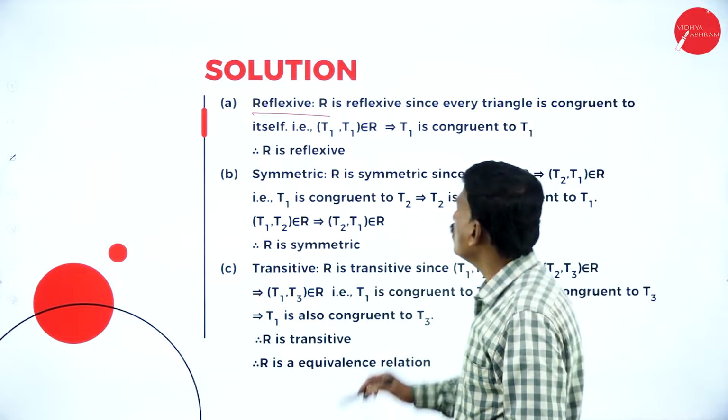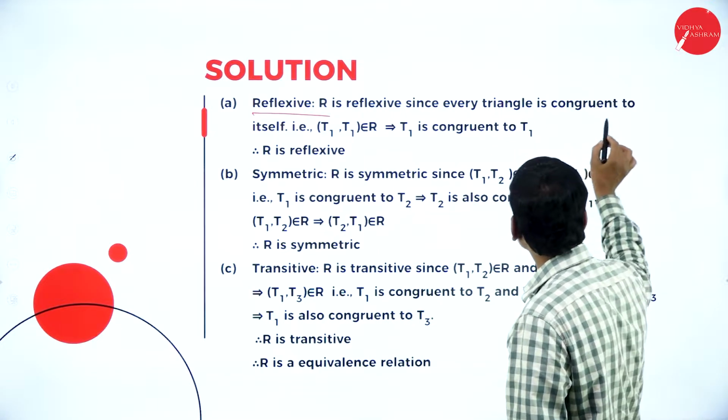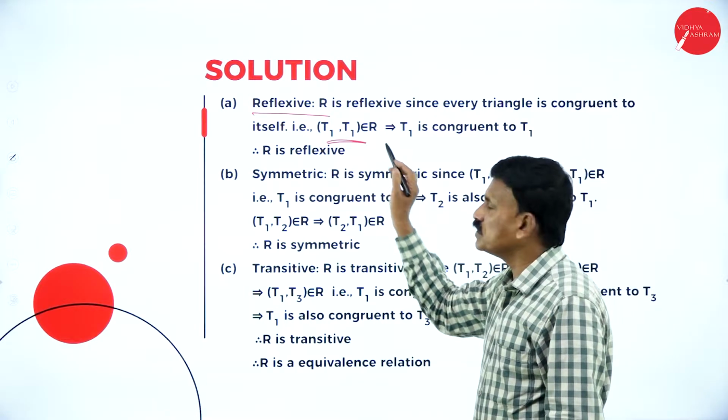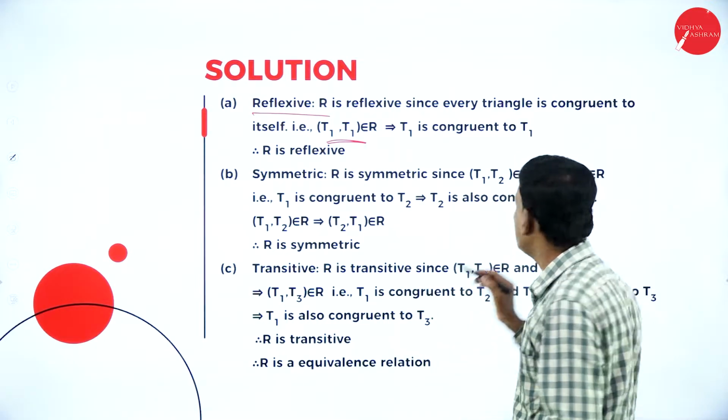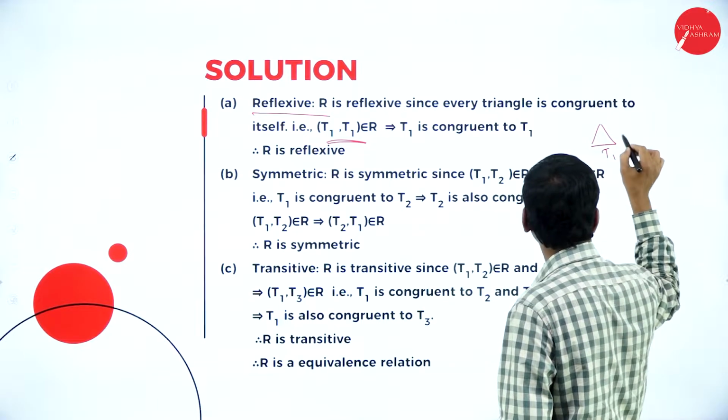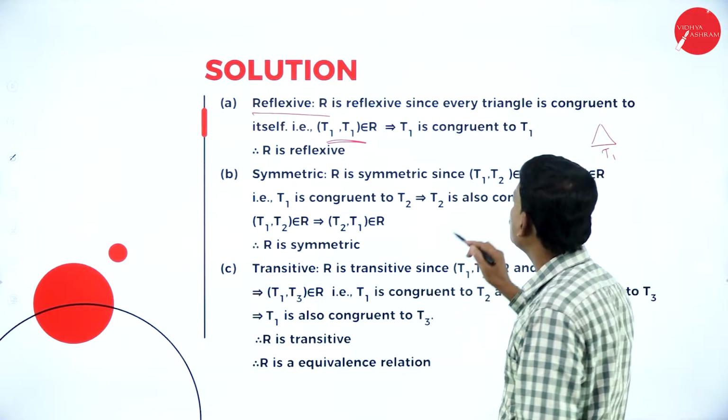What is reflexive? R is reflexive since every triangle is congruent to itself. If this is a triangle, this triangle is congruent to itself. T1 is congruent to T1.